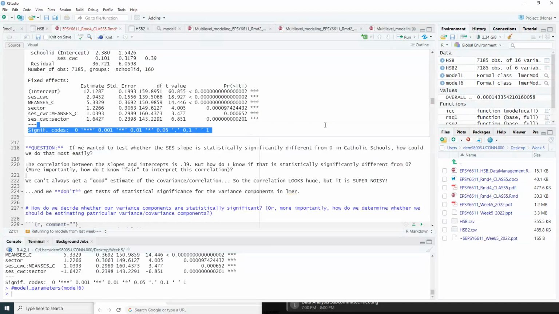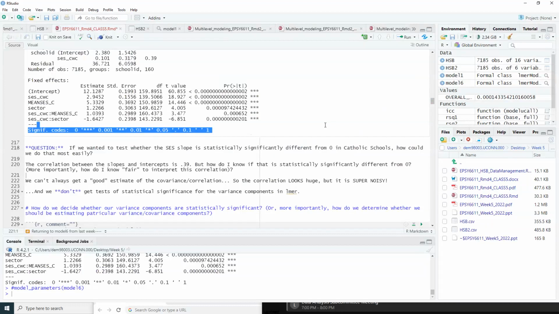I get this SES slope when sector equals 0, so this tells me the SES slope is statistically significantly different from 0 in public schools, but it doesn't tell me if it is in Catholic schools. So how would I do that? The easiest thing is to just recode sector. Sometimes it's easiest to recode things a couple of different ways to get the statistical test that you want.